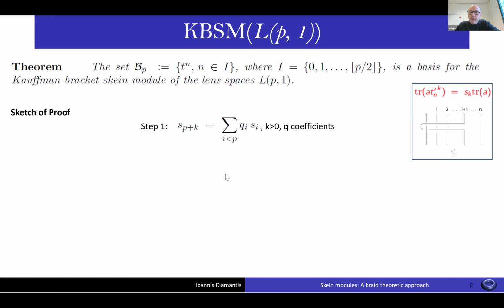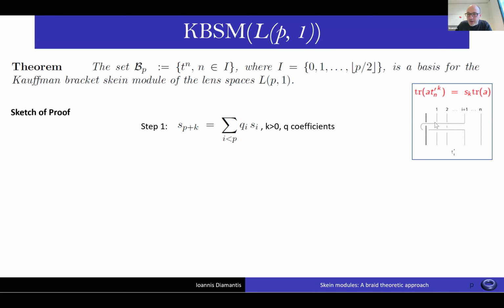And step one, I proved, and that was not very difficult to prove, that this system splits into subsystems, and every element of this form, where k is a natural number, where the index exceeds p, can be written as a combination of elements where the index does not exceed p, right? But it could be, unfortunately, a negative index. By negative index, we mean instead of a positive loop, a negative loop.